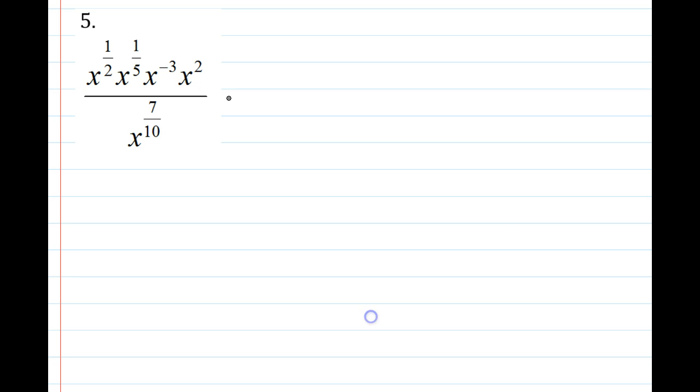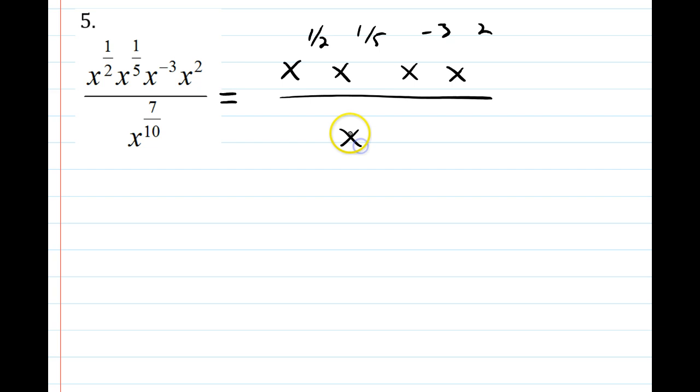Alright, so let's take a look at this one. So what I'm going to do is I'm going to work with the fractions first. Alright, so we have 1/2 and 1/5. And so when you're multiplying, remember that you're just going to add the exponents.